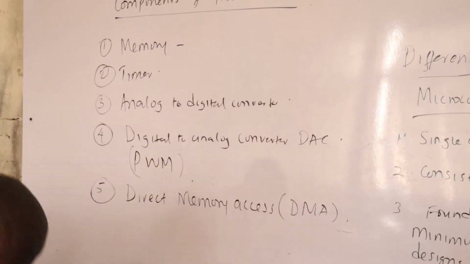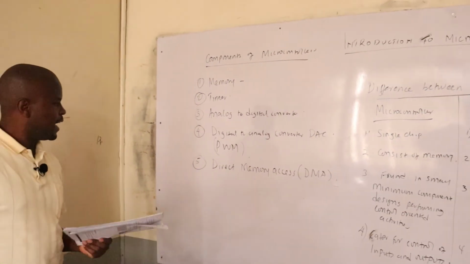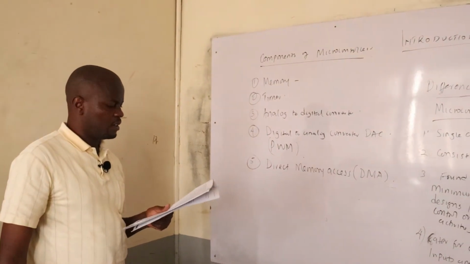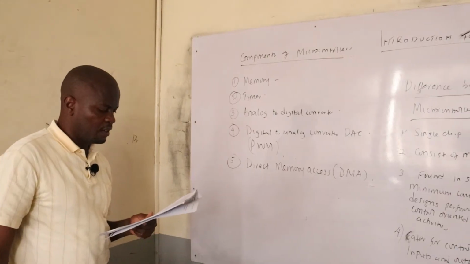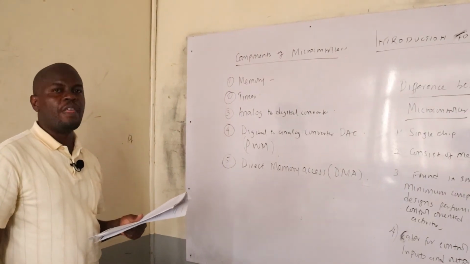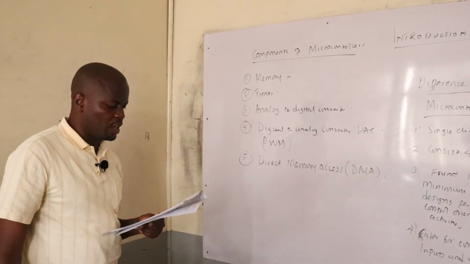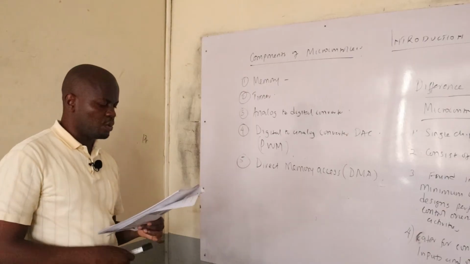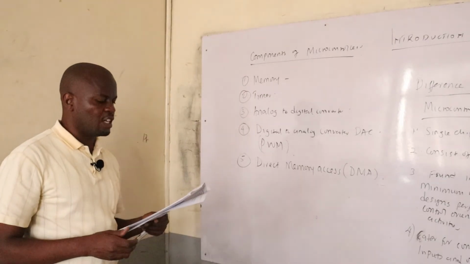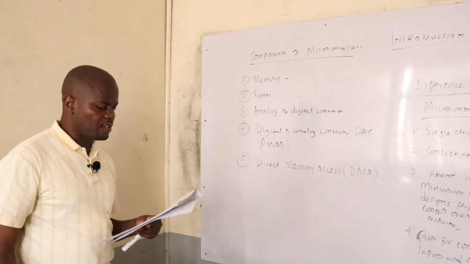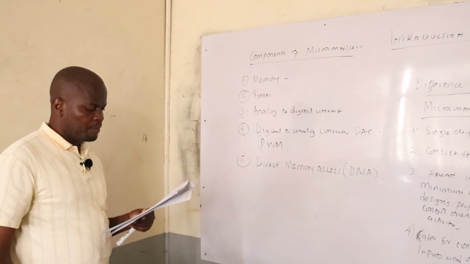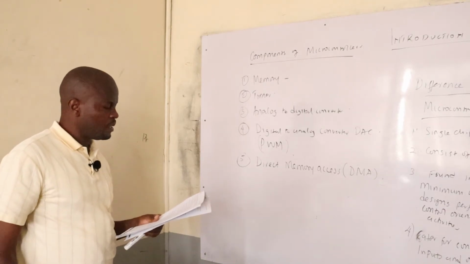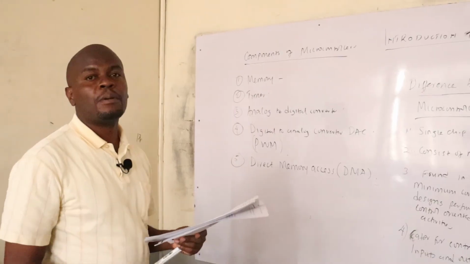When you talk about the DMA, the DMA ensures that the data is transferred directly from the I/O device, that is the input-output device, to the memory, that is the RAM, without passing through the accumulator. That is the main work of the DMA.